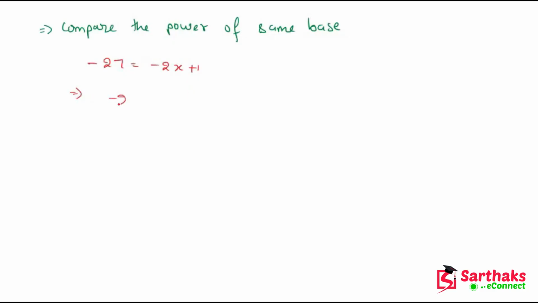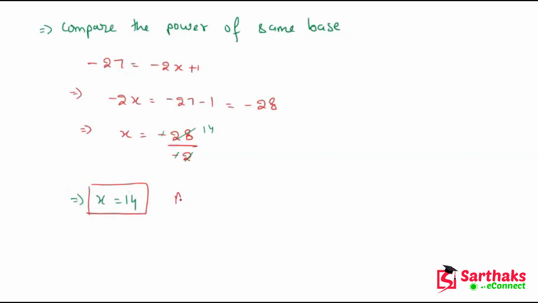So we can write minus 2x is equal to minus 27 minus 1, so this will be minus 28. So x is minus 28 divided by minus 2. This minus and this minus are cancelled, so we can divide by 2. Here we get 14. So x is equal to 14. This is the answer of this problem. Okay, my dear friends, I hope you understand these things.